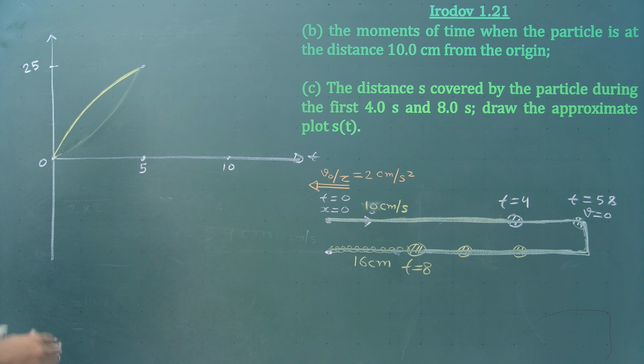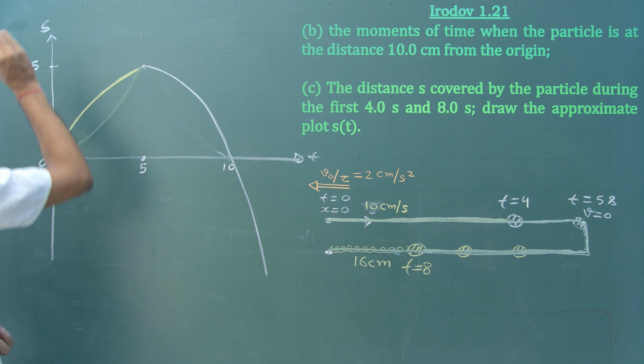Now there are two possibilities. Now acceleration is again minus. Acceleration is always minus, so again the curve is a downward parabola. So from 5 to 10 seconds, this curve will be a downward parabola and the curve will look mostly like this. So this is the approximate plot of displacement versus time.